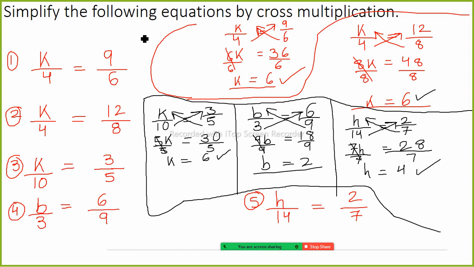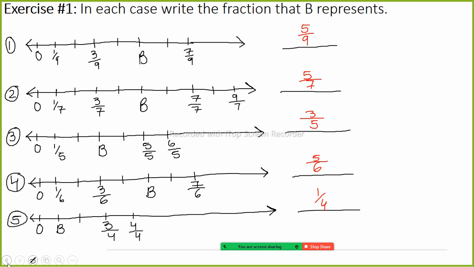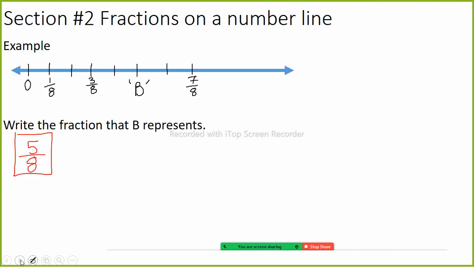Alright, so let me know when you finish with this. Are we good? Okay, alright. So let's look at what section we are on now. We did section 1, which was probability and tree diagrams. Then section 2 was fractions on a number line.